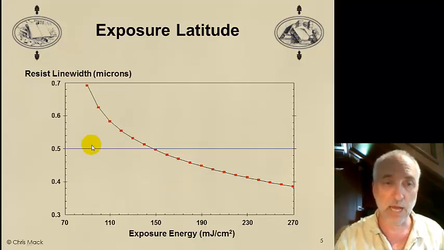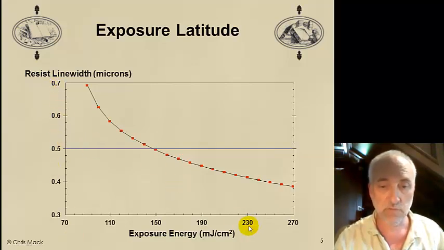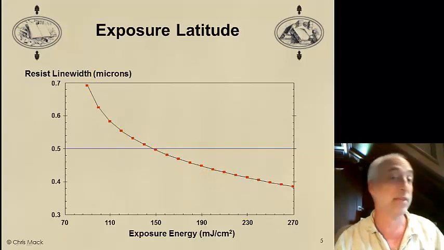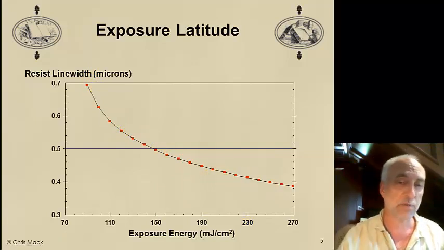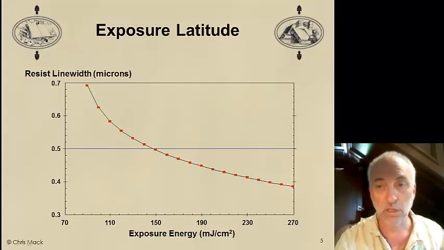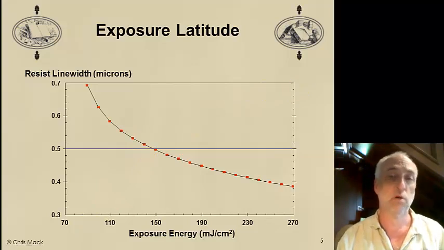So here would be a plot of line width versus exposure dose for a positive resist. If I were to plot the space width versus exposure dose, it would have a function that went in the opposite direction. So the space width would get bigger with exposure dose for a positive resist.